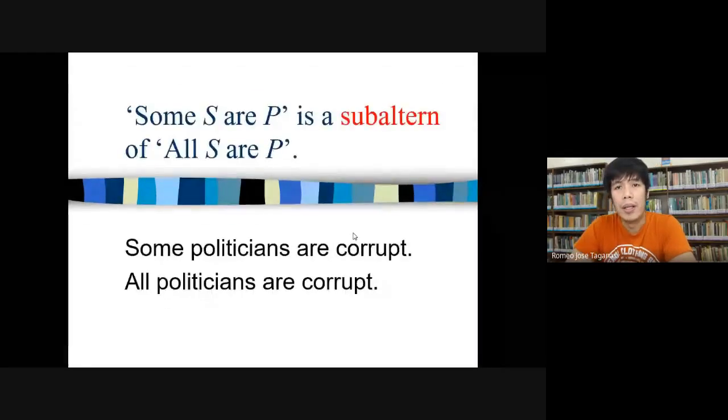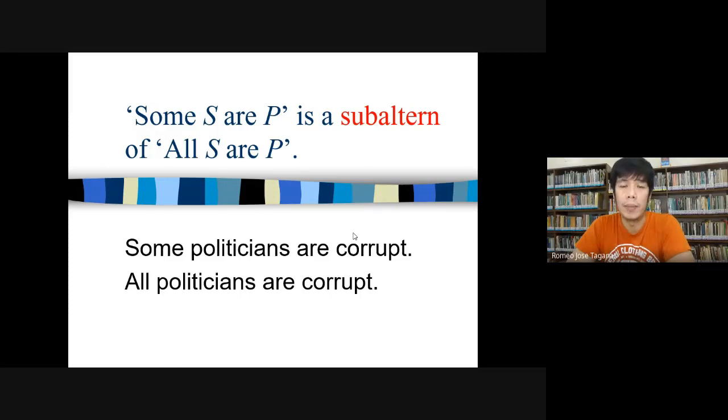Next example, some S are P is a subaltern of all S are P. Ano ibig sabihin nito? Some politicians are corrupt, all politicians are corrupt. Ano ang relationship ng dalawang yan? So bago yon, identify muna natin kung anong klaseng proposition ang meron sa dalawang halimbawa. Some politicians are corrupt is an I proposition, while all politicians are corrupt is an A proposition. So I yung unang halimbawa at A yung pangalawang halimbawa.